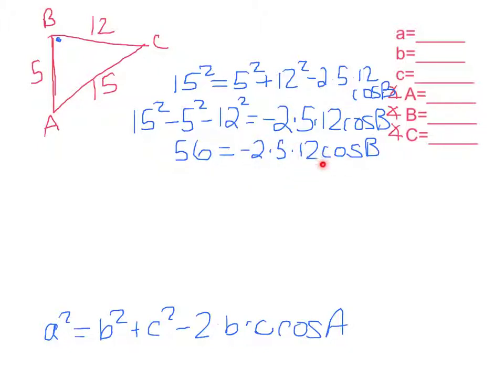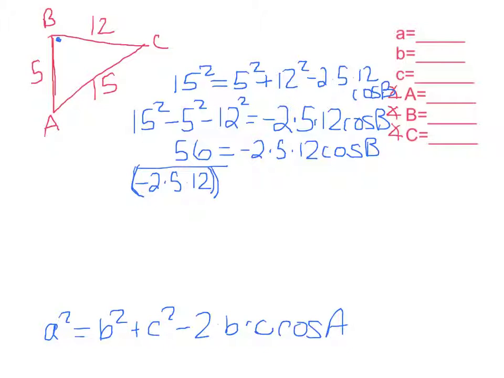But we want to isolate the cosine of B, so we're going to go ahead and divide by negative 2 times 5 times 12. I'm going to put this in parentheses. So you can type this into your calculators, 56 divided by parentheses, negative 2 times 5 times 12.